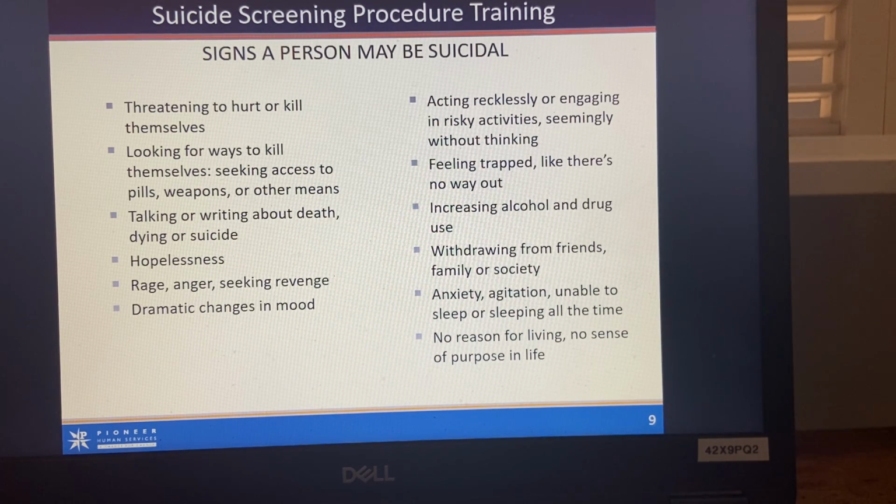Some of those signs may be verbal and some of them may be behavioral. It's really important that we as a team are in conversation with one another and consistently consulting with one another about the clients that we share. Oftentimes, an individual may not show verbal or behavioral signs to just one individual.